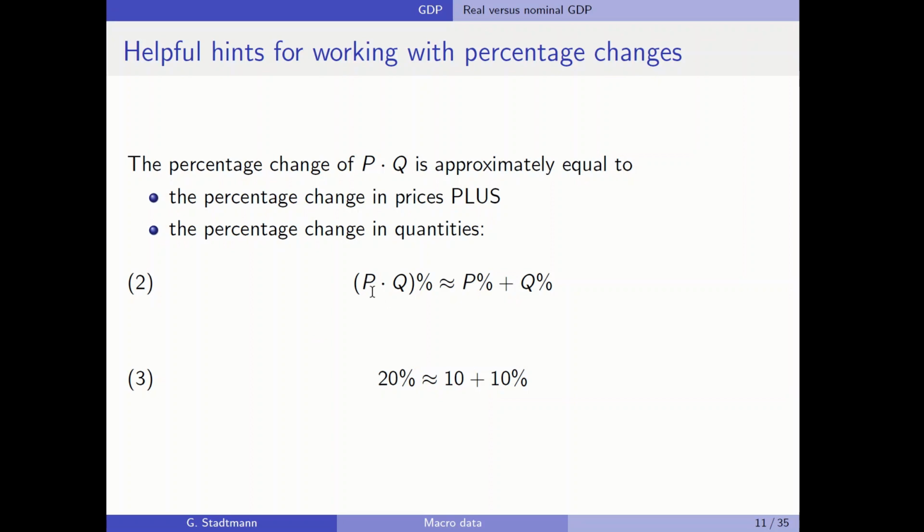We already looked at a numerical example where the prices increased by 10% and also the quantity increased by 10%. And then nominal GDP increased by 20%.